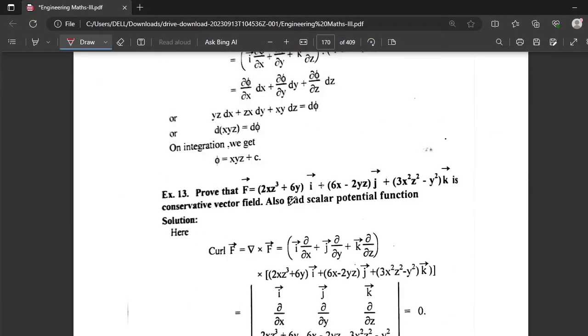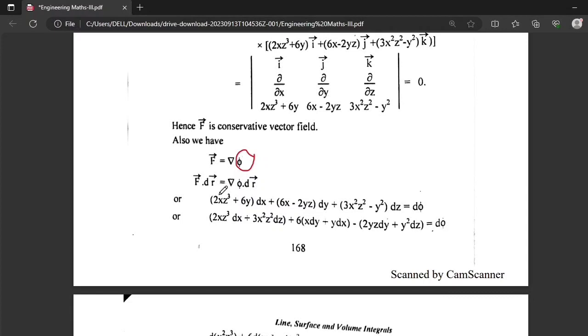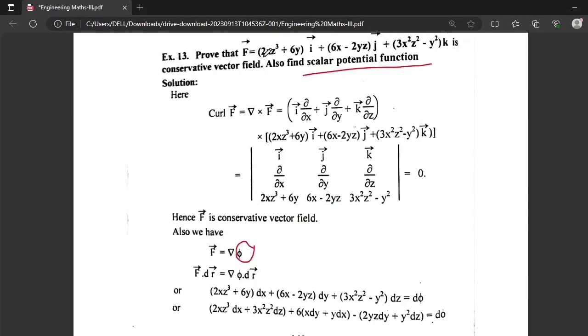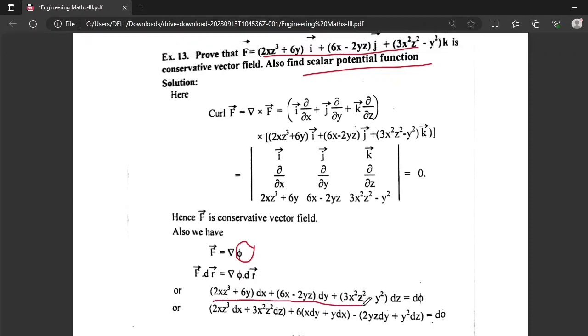Now we also have to find the scalar potential function. Let that function be φ, so F vector equals grad φ, and taking the dot product with dr on both sides, we get F · dr. In the previous question I have told that dr vector is i dx plus j dy plus k dz.